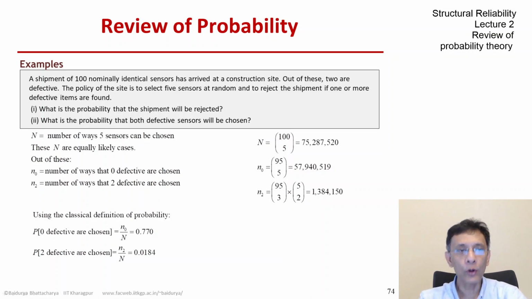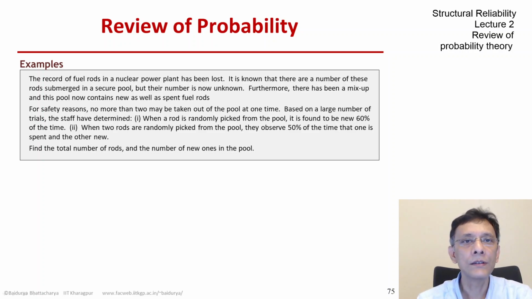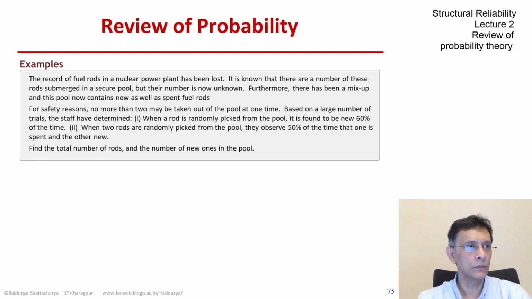In lecture 4, we will see that this basically is an application of the hypergeometric distribution. Let's move on. Let's have another application of the counting principle and the case of equally likely outcomes.